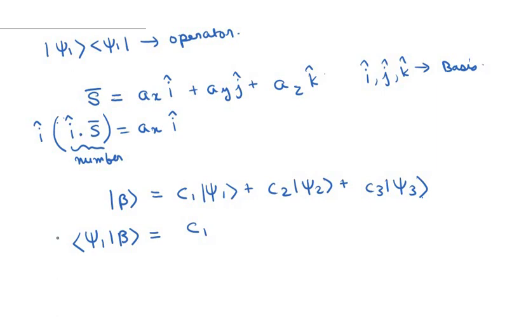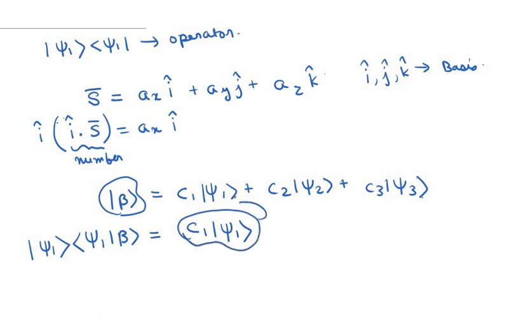Then we multiply it with this ket vector psi 1, so this gives me c1 psi 1, the component of psi 1 that is present in the wave function beta. Operators of this form are known as projection operators.